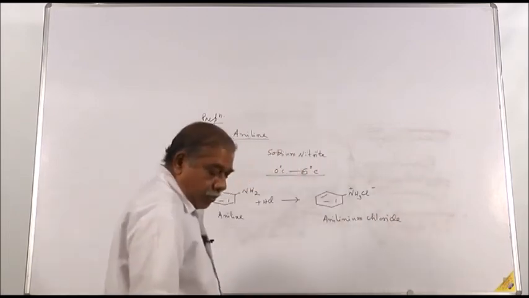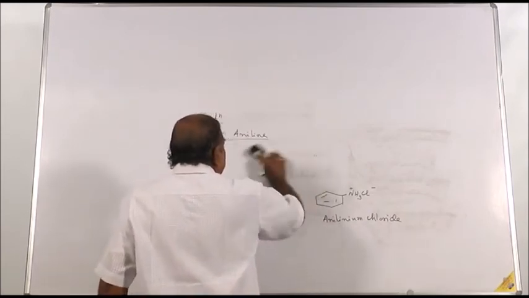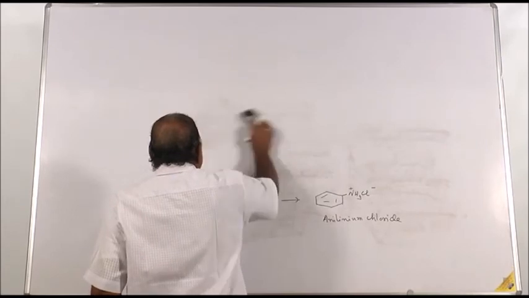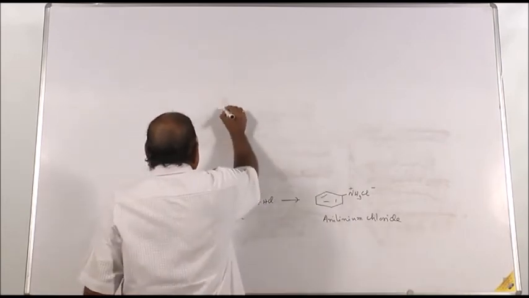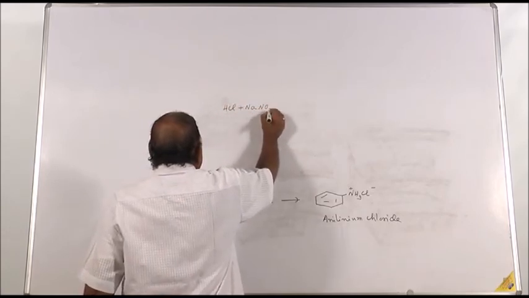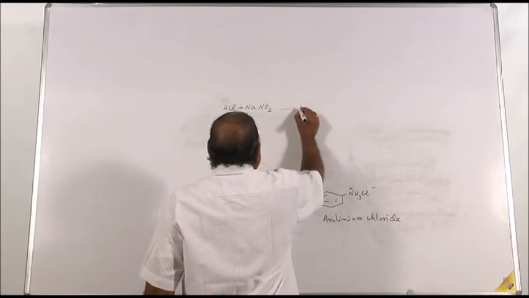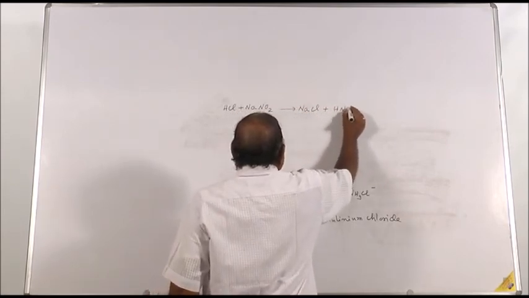Now, we have taken excess HCl. It is treated with a calculated amount of sodium nitrite. HCl will react with sodium nitrite and form sodium chloride and nitrous acid.